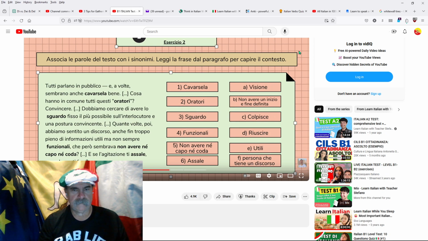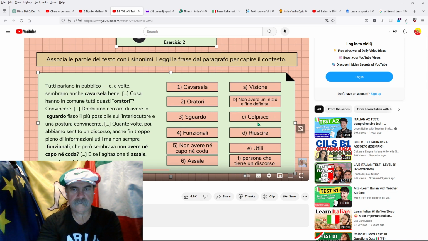Let's see, non avere ne capo ne coda. I wonder if those are related, because I don't know what ne capo ne coda means. I'm going with it's probably idiomatic in some way.